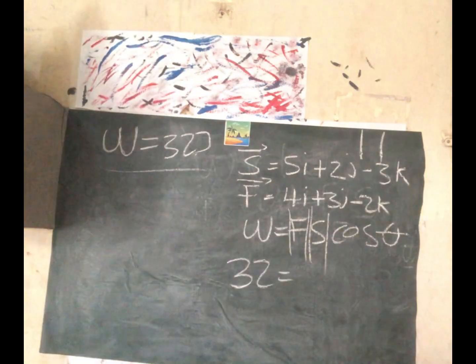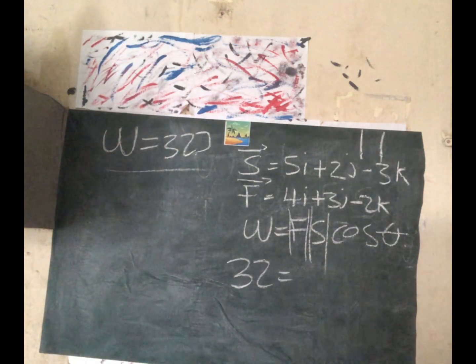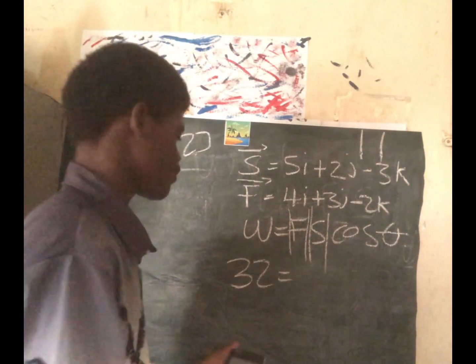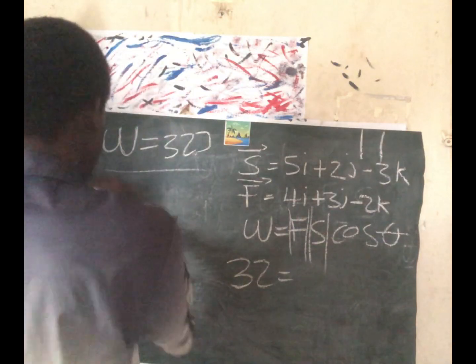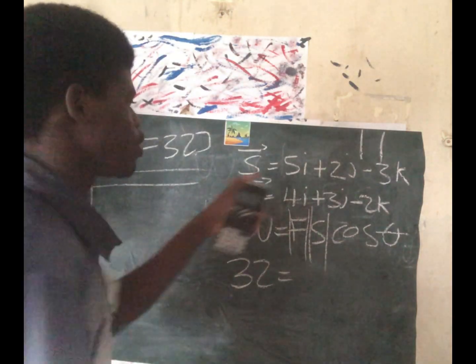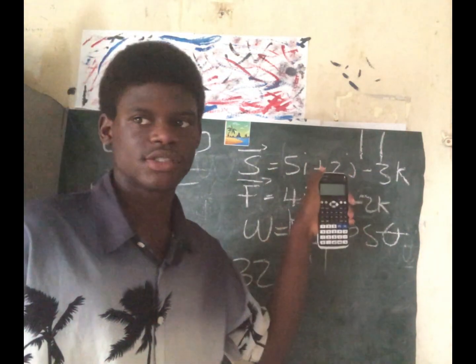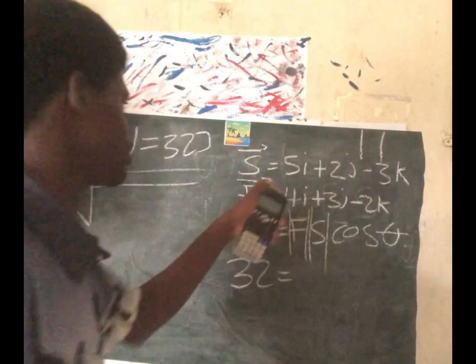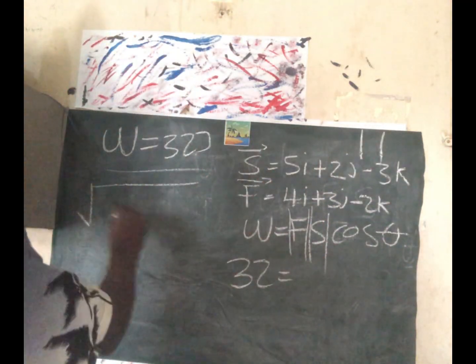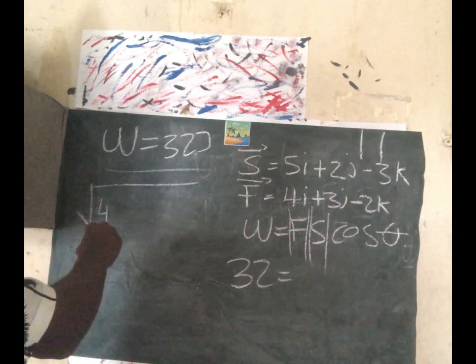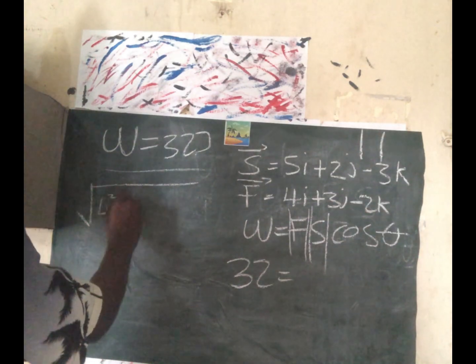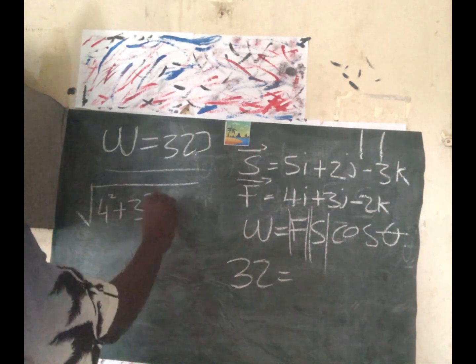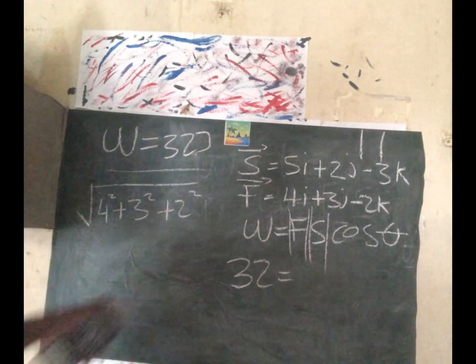Let me use the calculator. To find the magnitude of F, you take the square of each of these numbers, then you square root everything. So for F, that's the square root of 4 square plus 3 square plus 2 square. Why is this also plus?